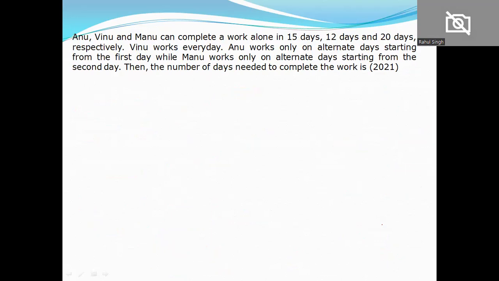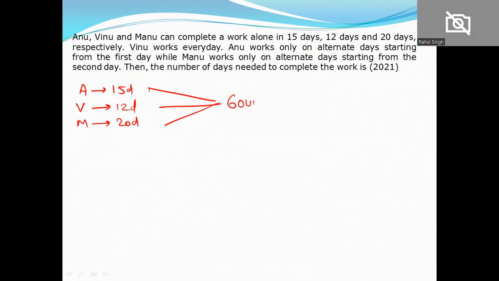Then the number of days needed to complete the work is, okay, let's say Anu को 15 days लग रहे हैं, वीनू को लग रहे हैं 12 days, मनु को लग रहे हैं 20 days. सो इनका 60 यूनिट मान लेते हैं टोटल वर्क है. ए का एफिशिएंसी होगा 4, वी का एफिशिएंसी है 5, एम की है 3.